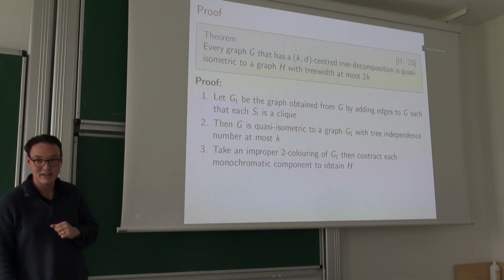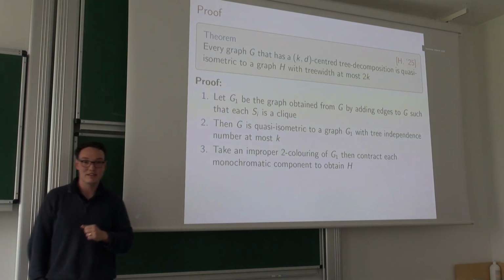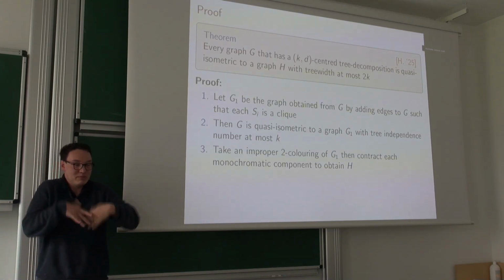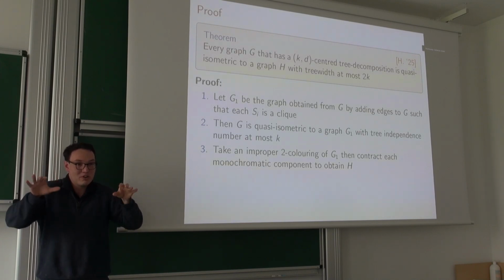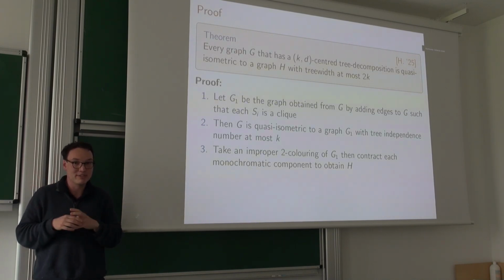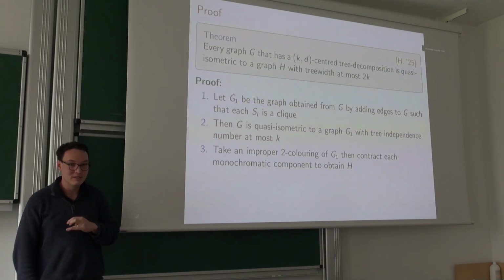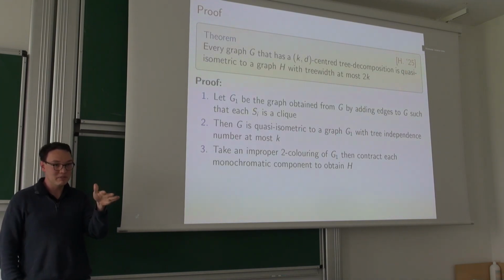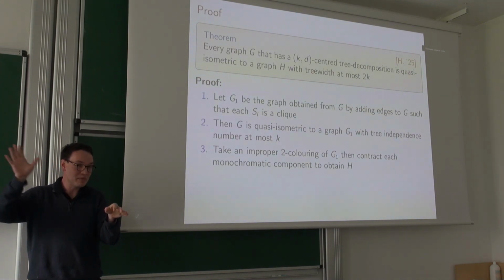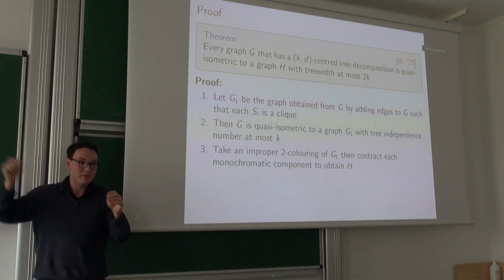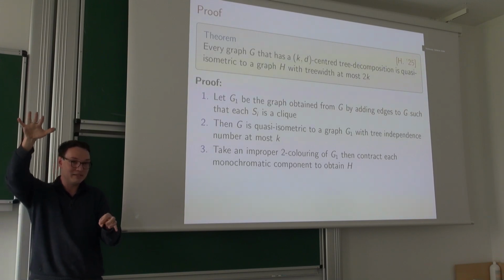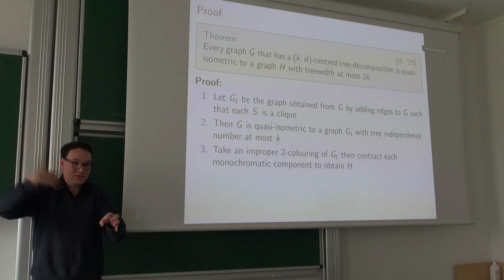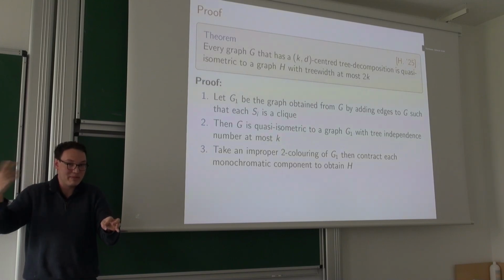Okay, so why is this the case? H is obtained from this two-coloring, and then we contract each of the monochromatic components. So it's a bipartite graph. That's the first property. And tree independence number is closed under contraction. So we start with a graph with tree independence number at most k. We've done some contractions, and so the graph H that we obtain also has tree independence number at most k.